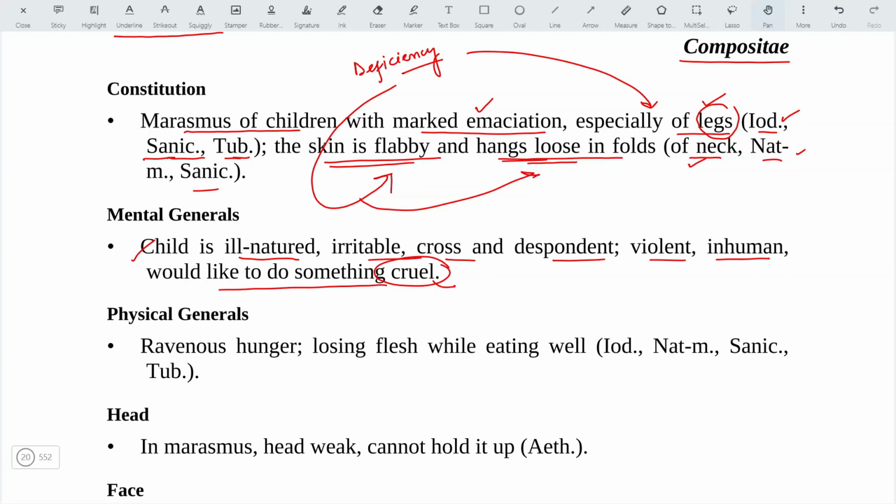But in the case of an Abrotanum child, they will be cruel. That means even if they have been given a good education, still they will be cruel. They will throw stones at them. So it is not like someone taught them to do that; it is still something coming from inside.